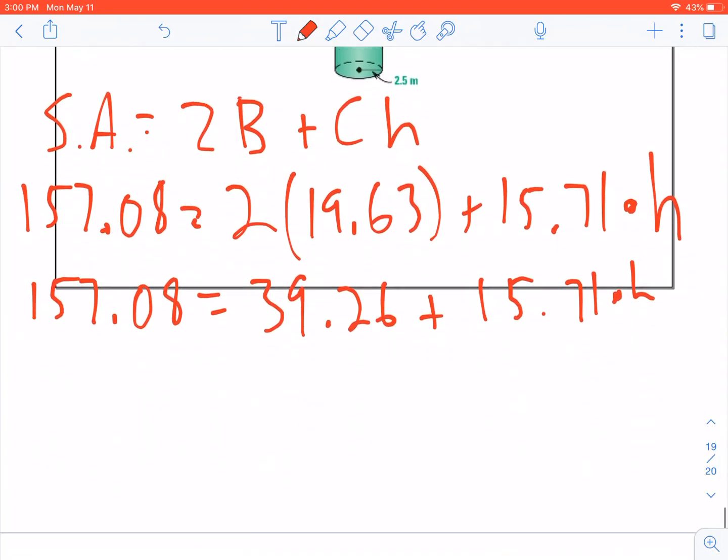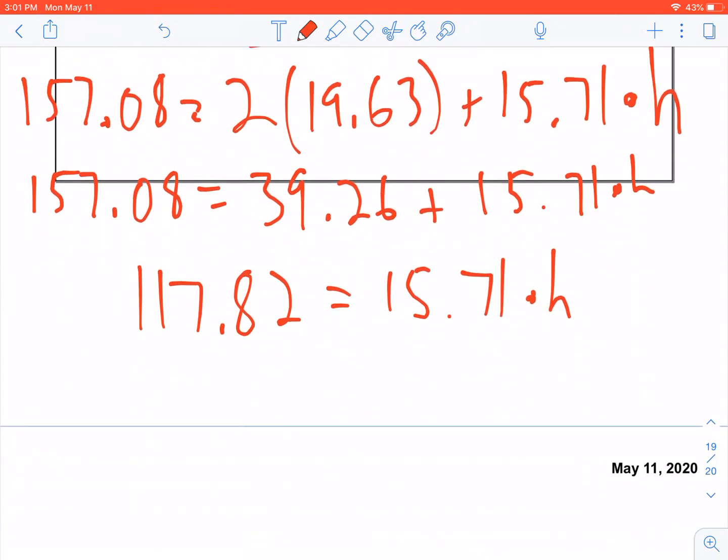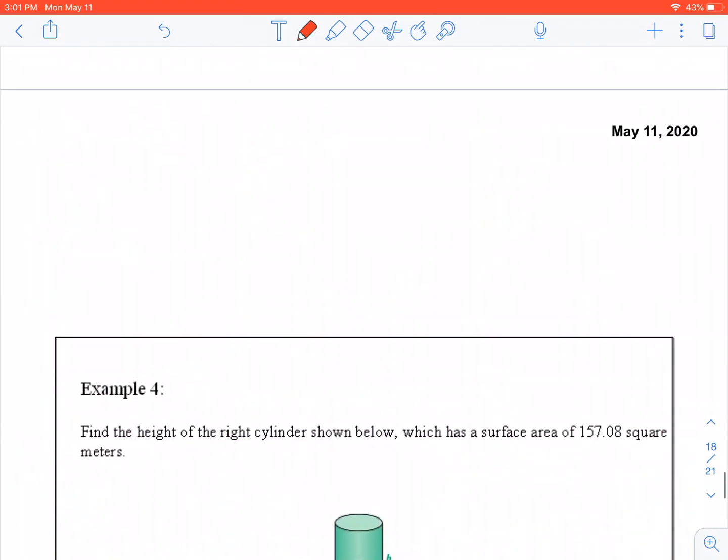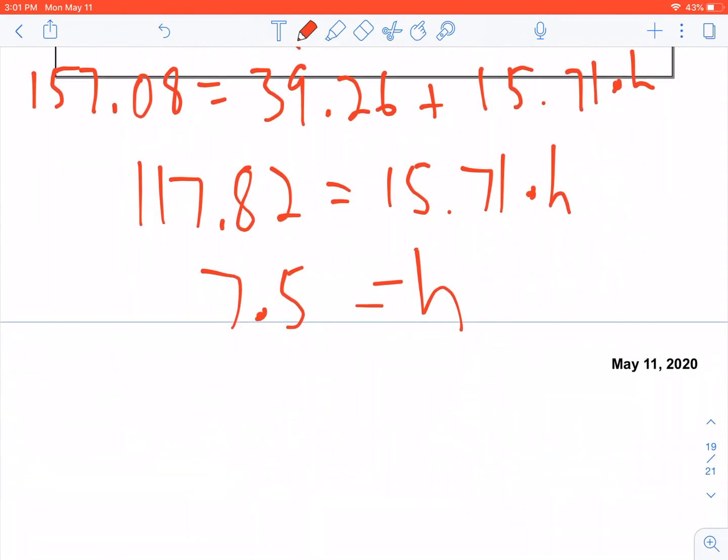We get 117.82 equals 15.71 times h. Take your 117.82 divided by 15.71, and we get h equal. When I round it, I actually end up getting 7.5. Taking a look at your units, we are dealing in meters. So my height is 7.5 meters.